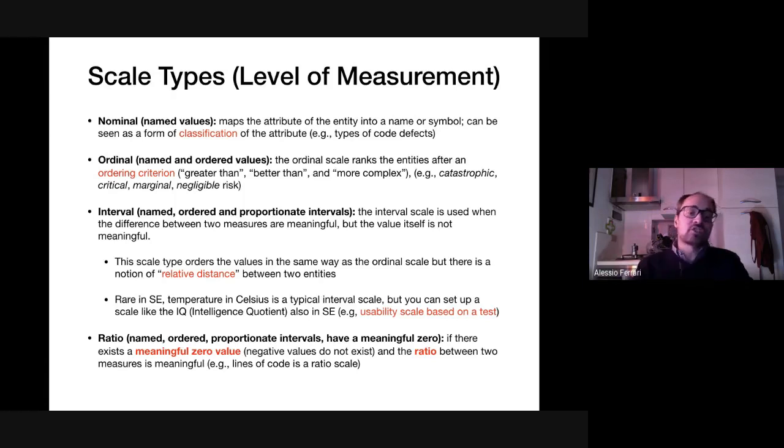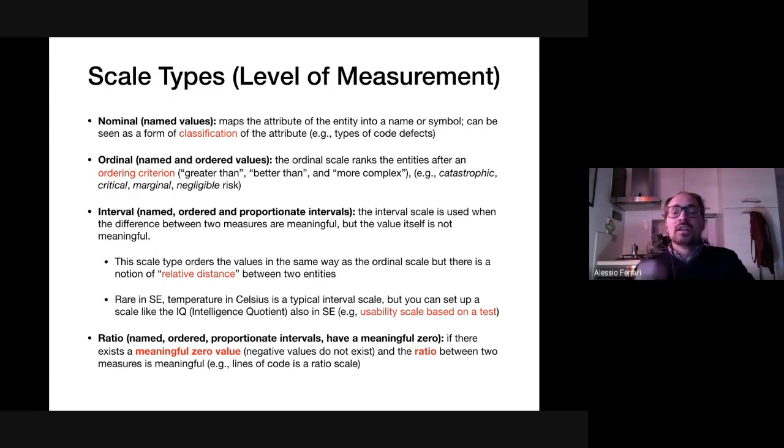And finally, the ratio scale. The ratio scales are the more powerful. In this case, the additional thing is that you have numbers, but there is also a meaningful zero value. Negative values do not exist. Meaningful zero value implies that you can do ratios, you can do division.